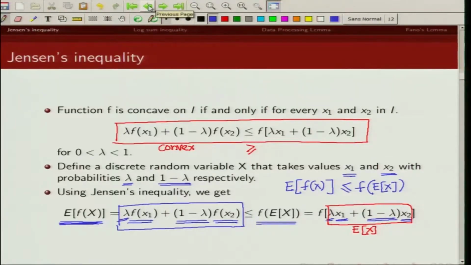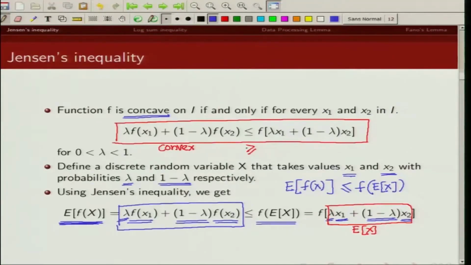We have said if the function is concave, then lambda f of x1 plus 1 minus lambda f of x2 is less than or equal to the function evaluated at lambda x1 plus 1 minus lambda x2, and if the function is convex, lambda f of x1 plus 1 minus lambda f of x2 would be greater than or equal to the function evaluated at lambda x1 plus 1 minus lambda x2.